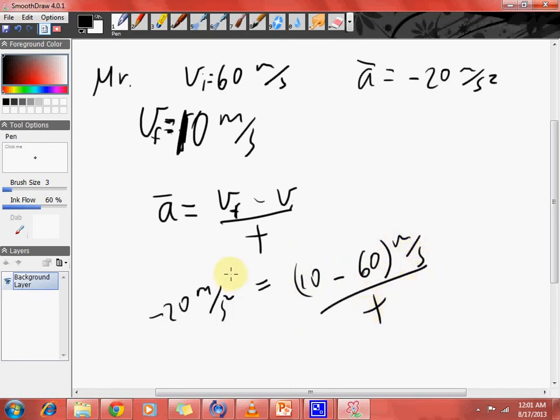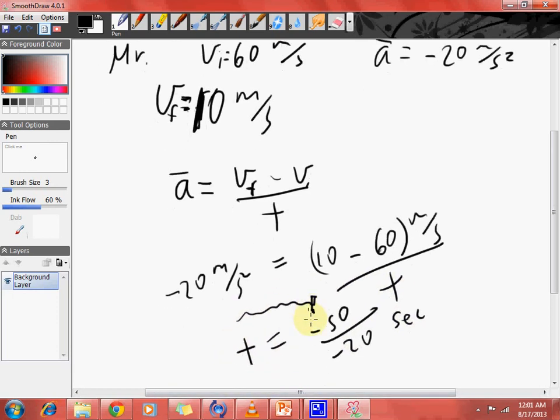Multiply time on both sides, divide by negative 20. You will get time equaling 10 minus 60 is negative 50. Dividing by negative 20 goes right here. And then the units that you should get, since this is time, is seconds.